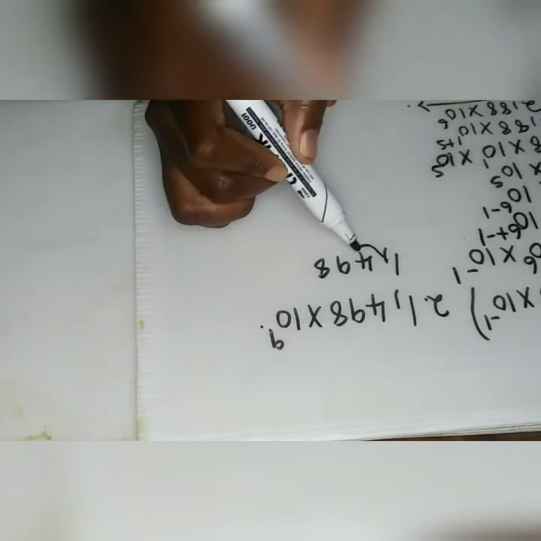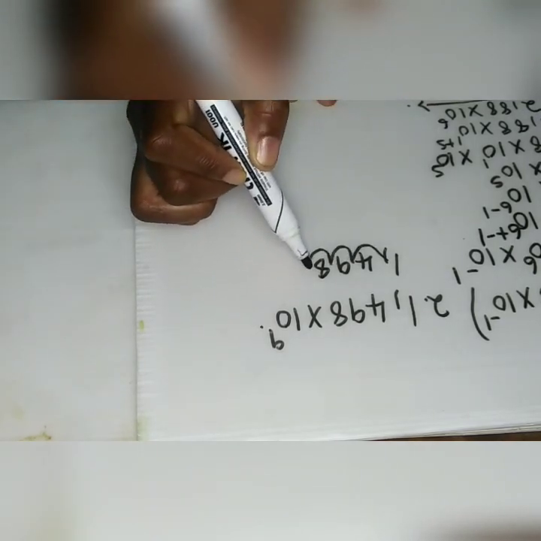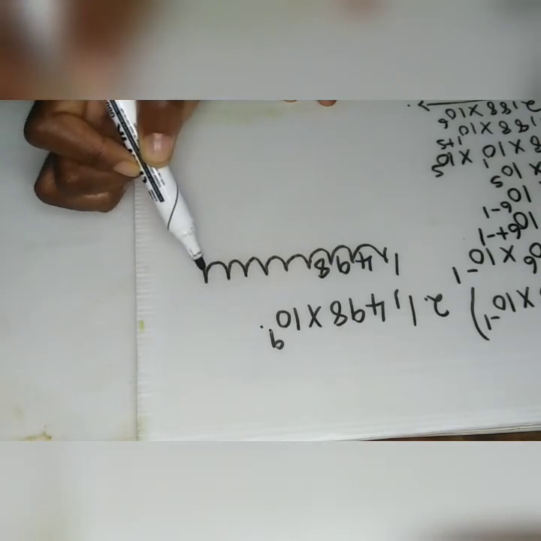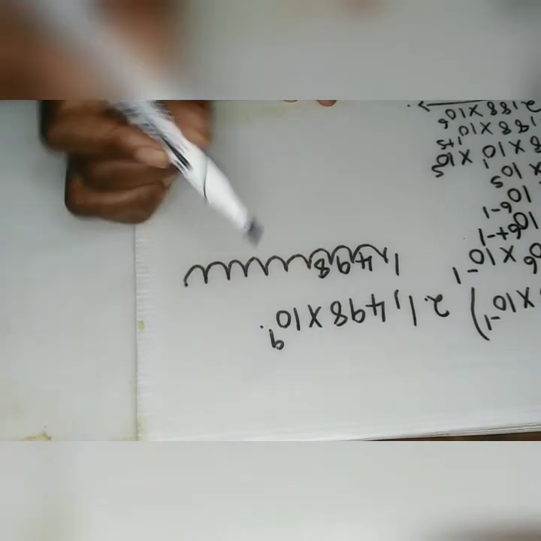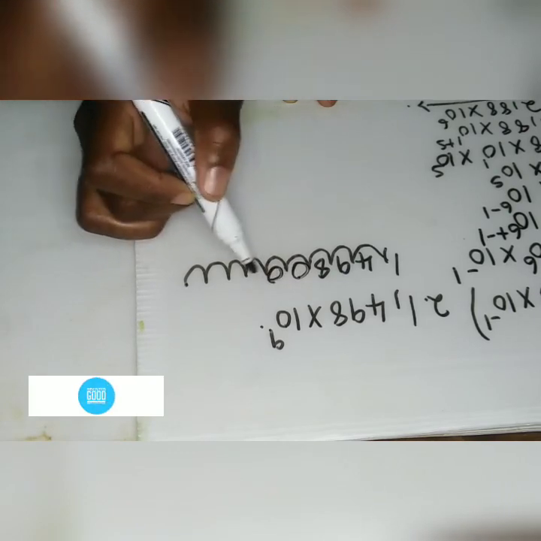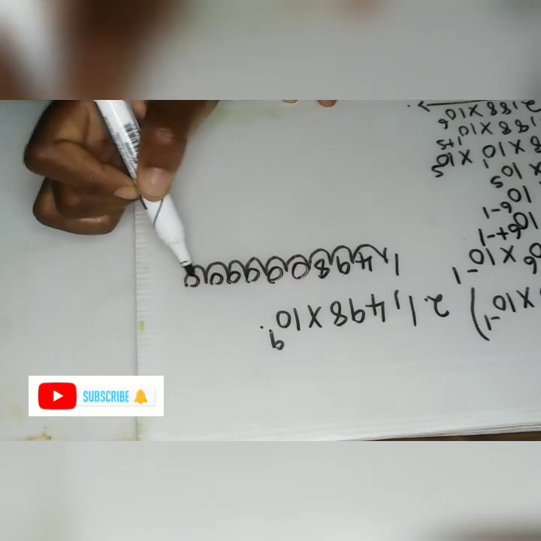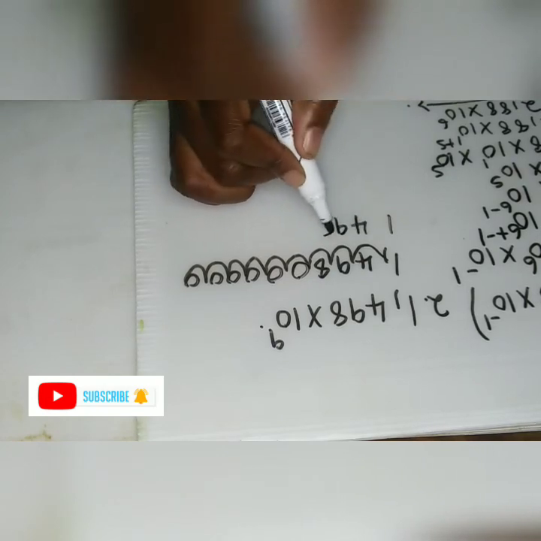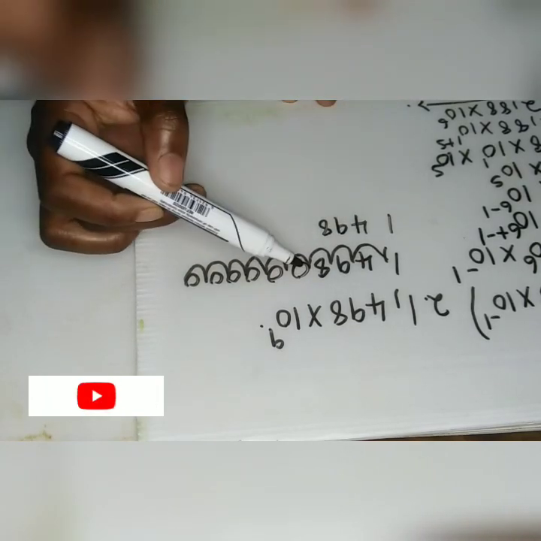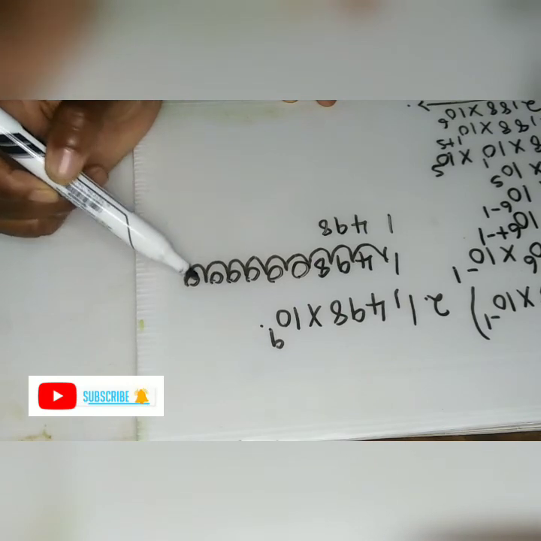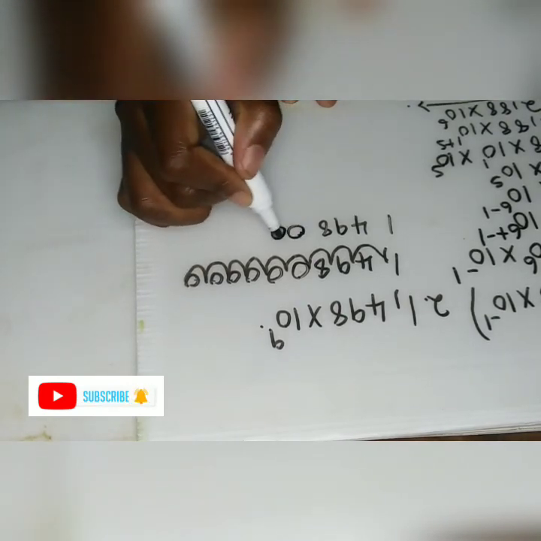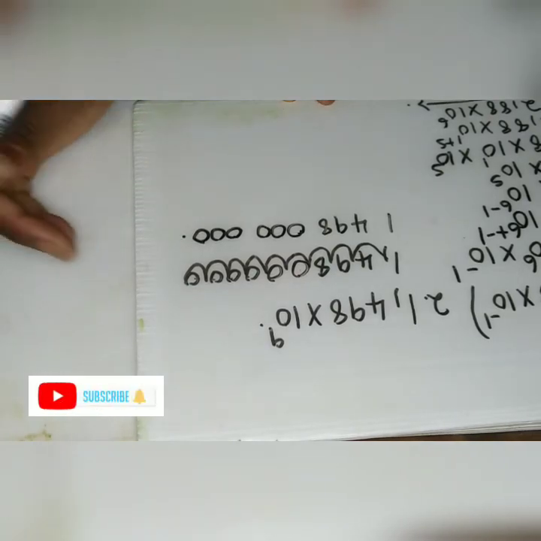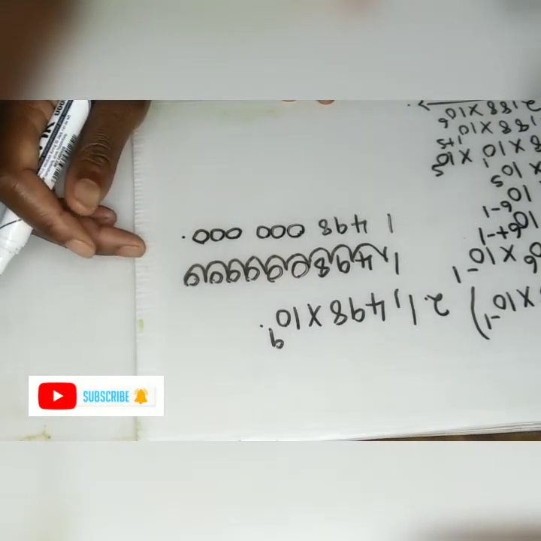So this is going to be 1, 2, 3, 4, 5, 6, 7, 8, 9. All right. So where there is nothing, I'll replace with zeros. So now I'm having a 1, a 4, 9, 8. And how many zeros do I have? 1, 2, 3, 4, 5, 6. 6 zeros. Okay. So this is actually 1,498,000,000.